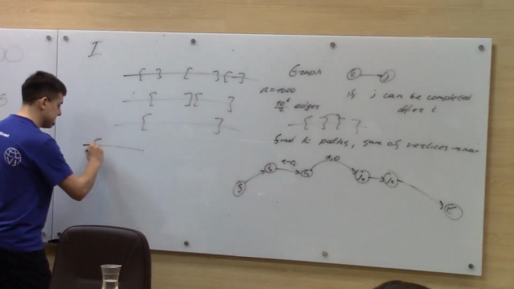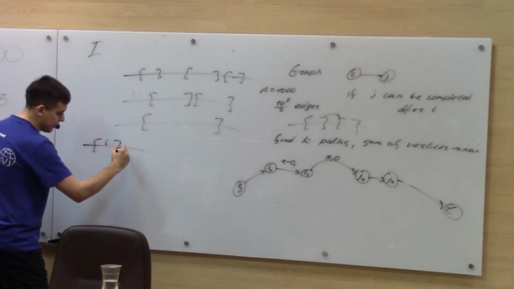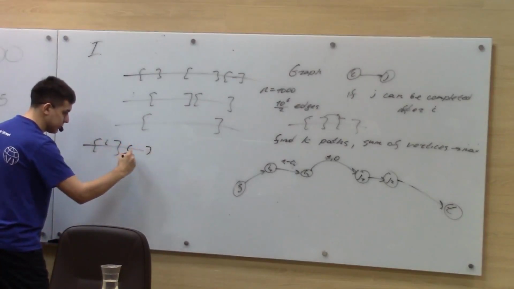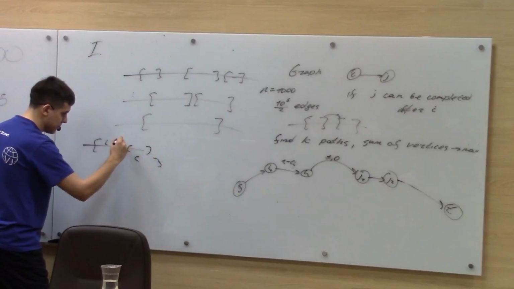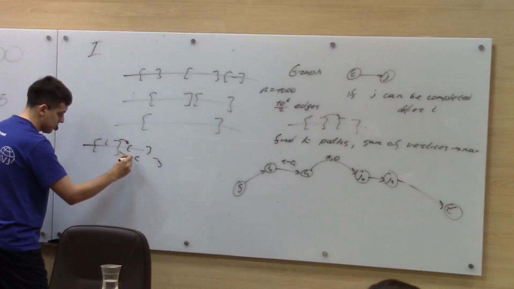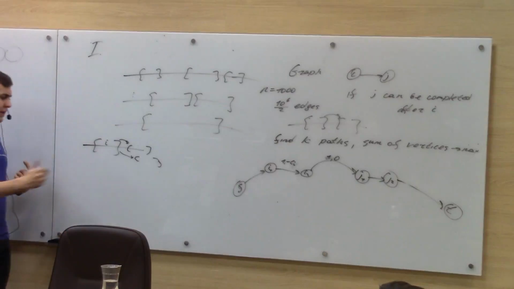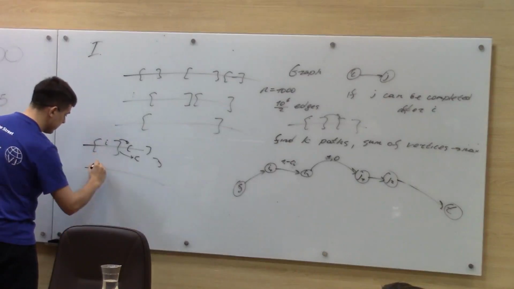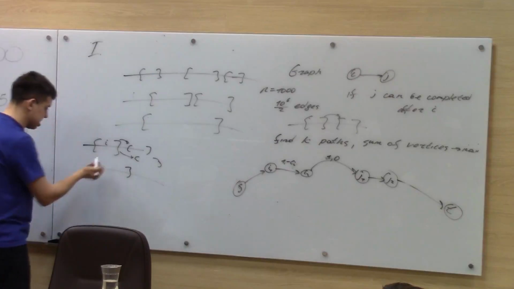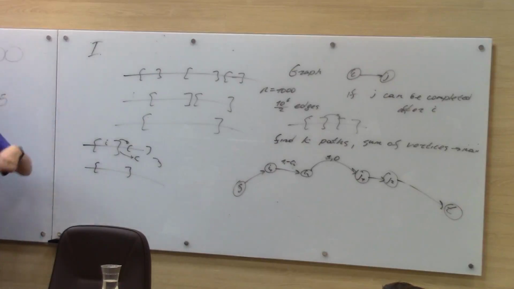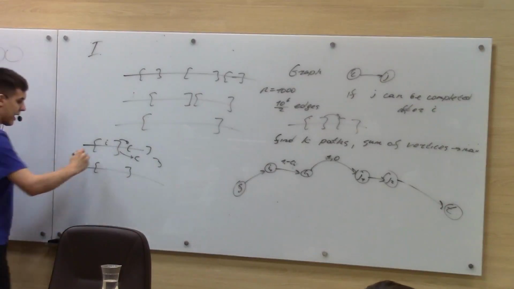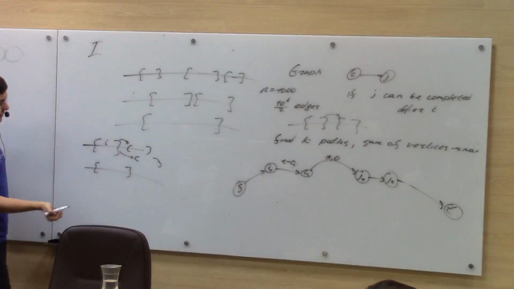So if we complete this job I, we can only go to jobs that look like this. But what if we don't complete the job I? Then we can go to any job that intersects with it. So let's sort all jobs by the left border and make 2 types of edges.